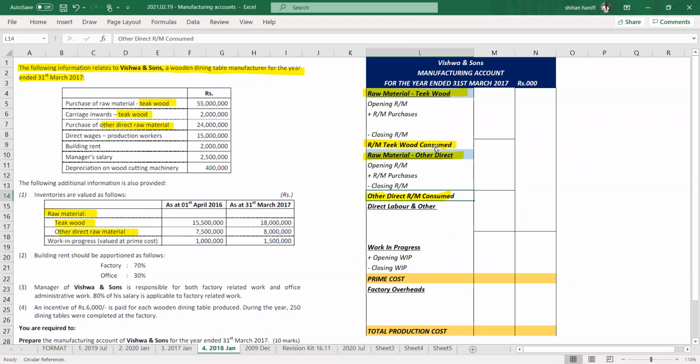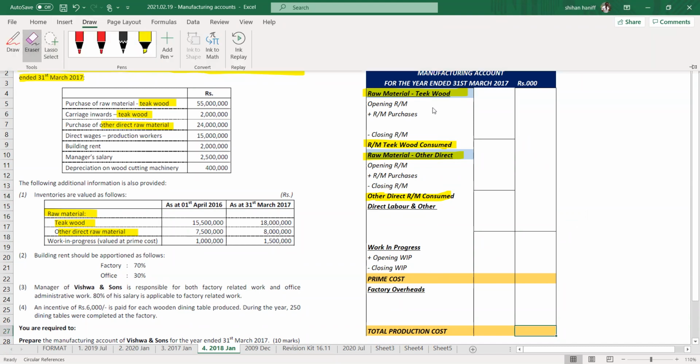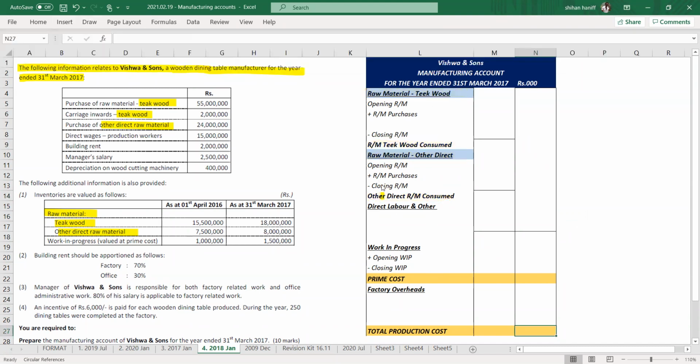The direct raw material consumed, input consumed, right? The remaining things are the same. We now calculate the total production cost. I'll give 5 minutes.